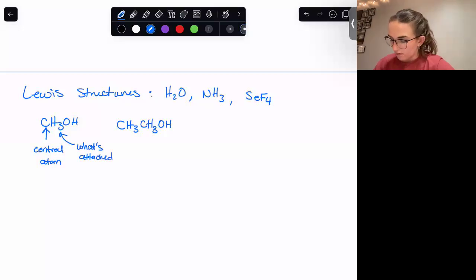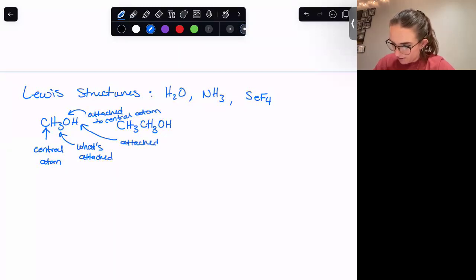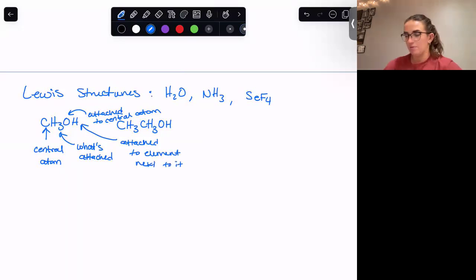This is then attached to the central atom. And then this is attached to the element next to it.